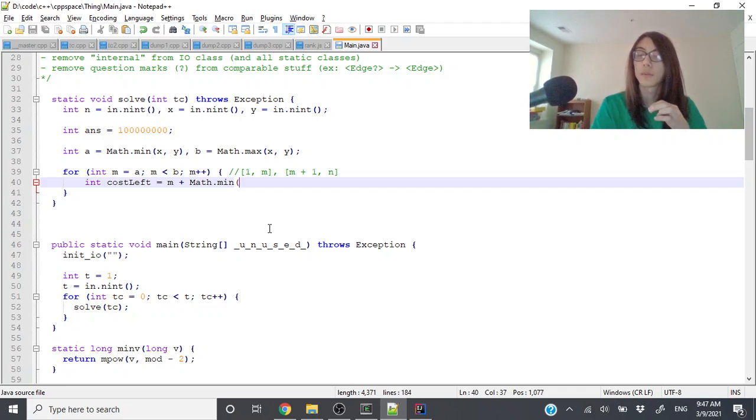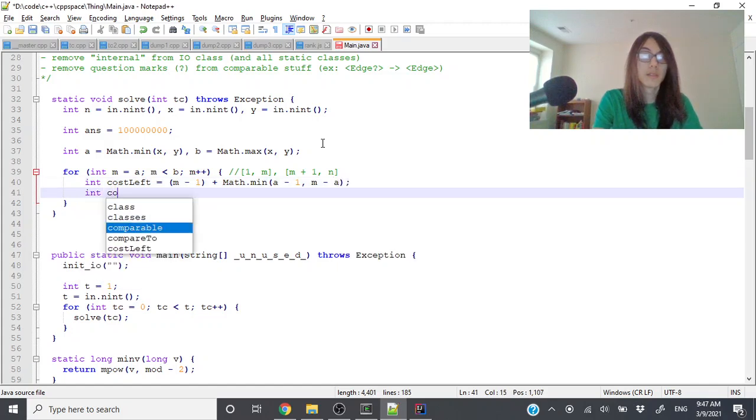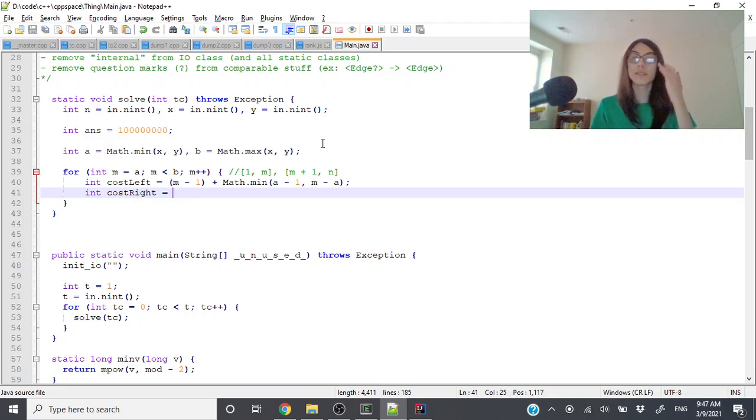So that's example 1. Also, this is m minus 1 actually. So you'd either go from current to m, so for example, say you're at 4, you have 2 minus 1, 4 minus 2. So it's direct subtraction. So m minus 1. Alright, this should be, no, a minus 1, m minus a. Now what is this? So this is n minus m plus 1. So if m is 3, n is 5.